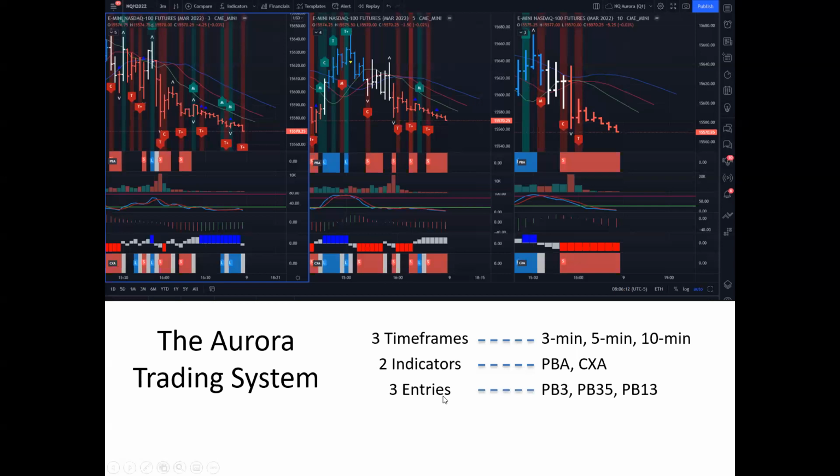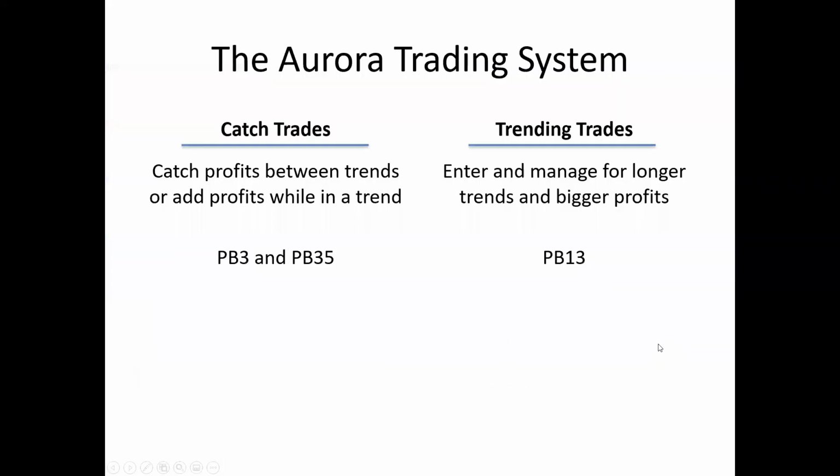There are three primary entries. There's a Pb3, which you learned in Session 1, then we're going to discuss Pb35 in this session, Session 2, and then we will discuss the Pb13 in Session 3. Also, these trades are broken into what we refer to as catch trades.